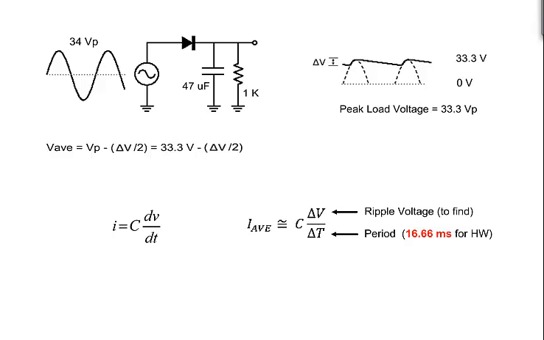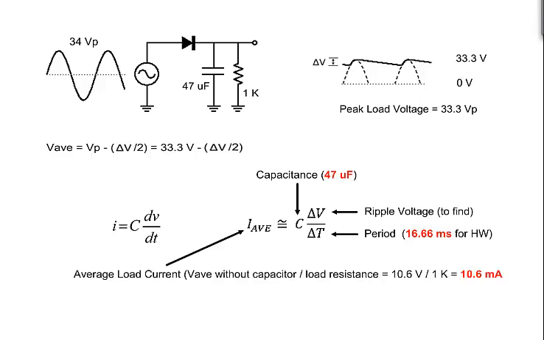It's 16.7 milliseconds for 60 Hz in a half-wave rectifier. We also know the capacitance, 47 microfarads. Finally, we know the average load current that flows through the capacitor when it discharges. It is approximated by dividing the average voltage without a capacitor by the load resistance.